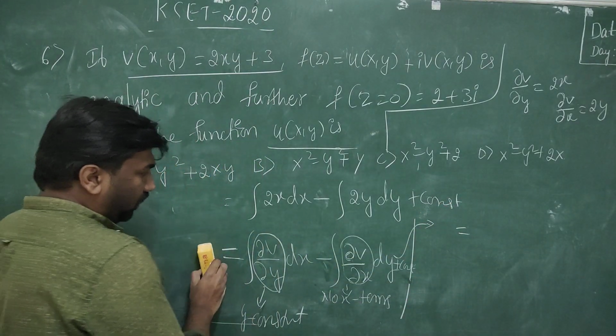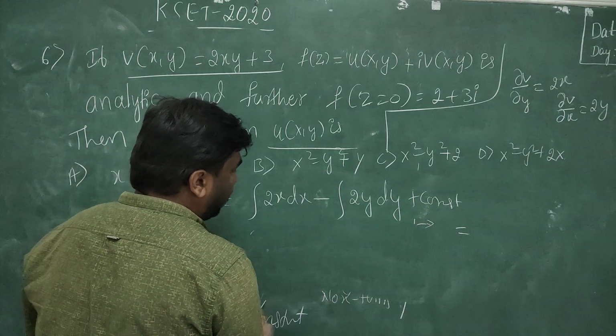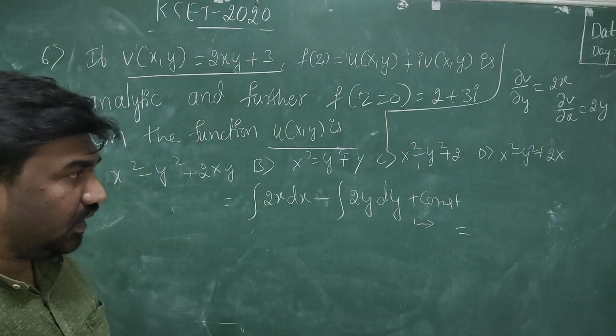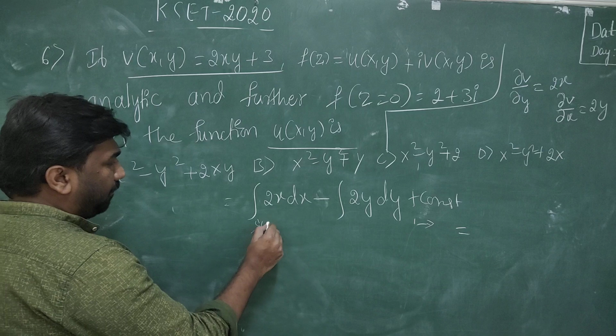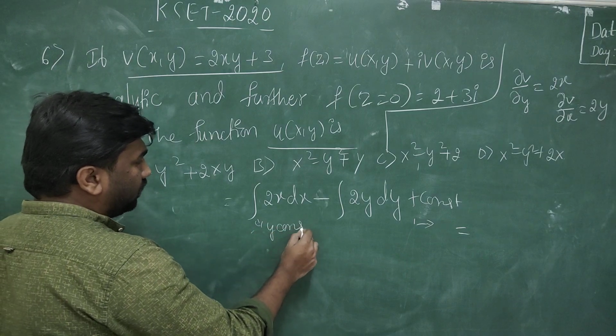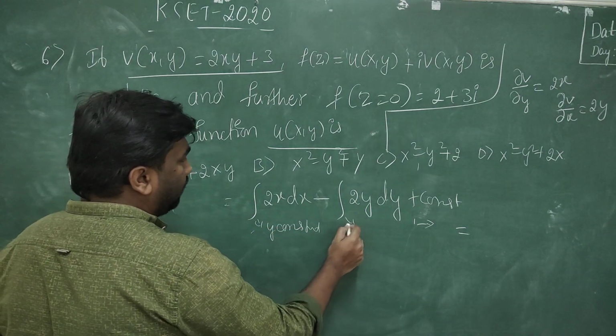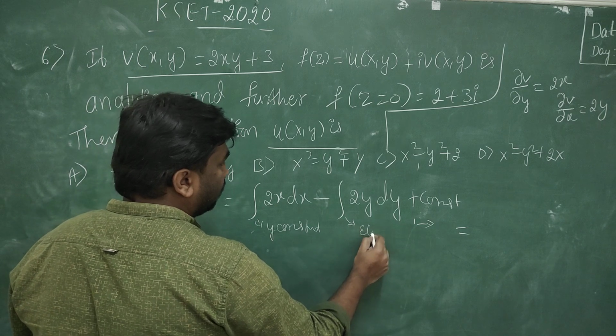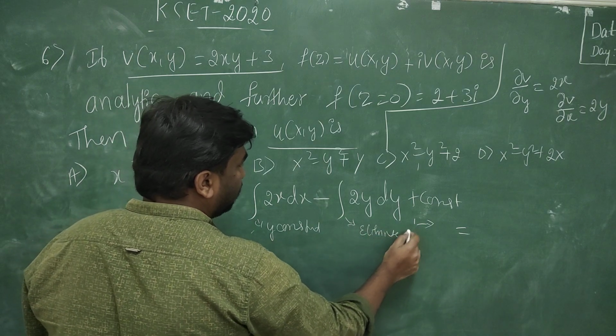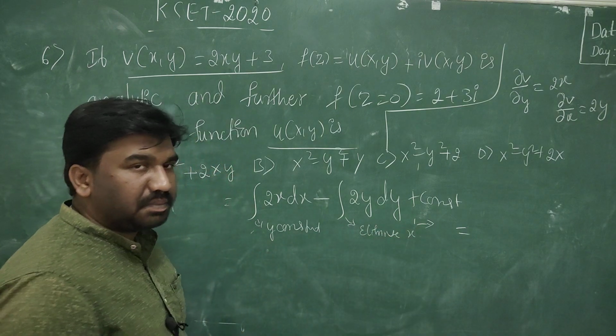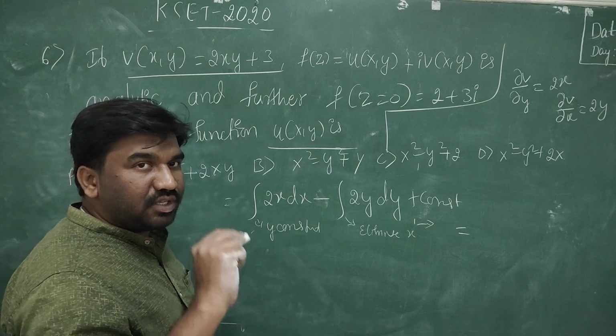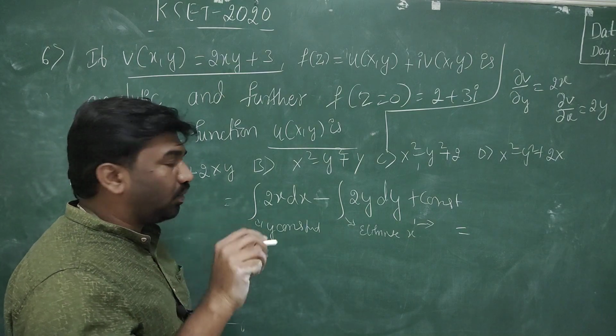Here we can apply a trick, that is keeping y constant and eliminate x. Eliminate x means x coefficient is 0. Put in place of x 0.